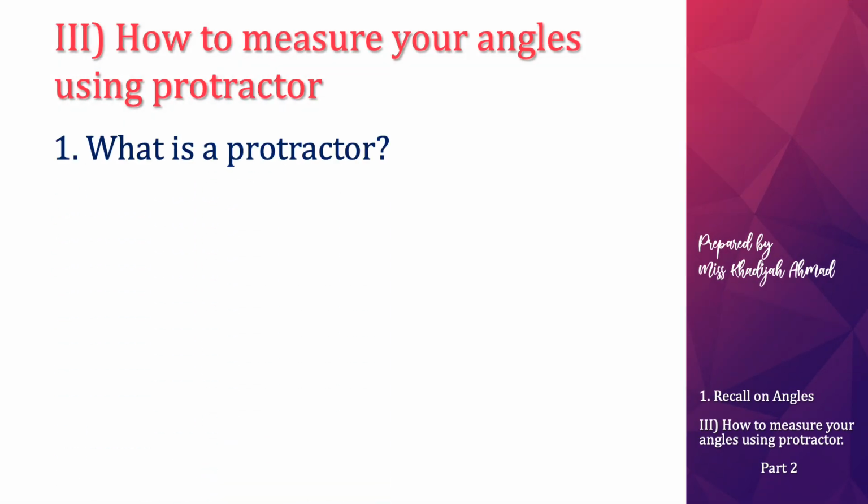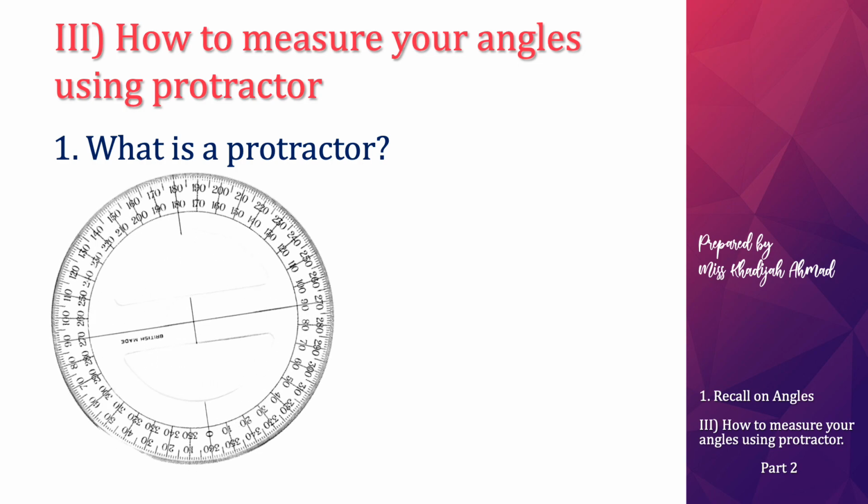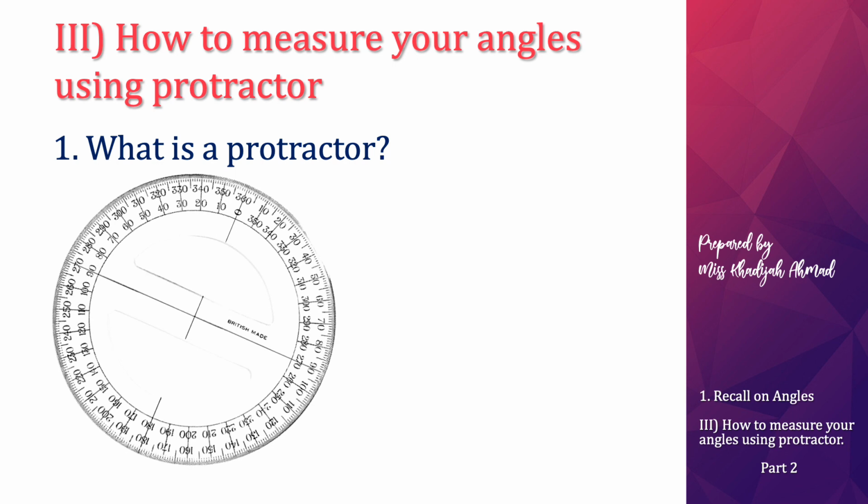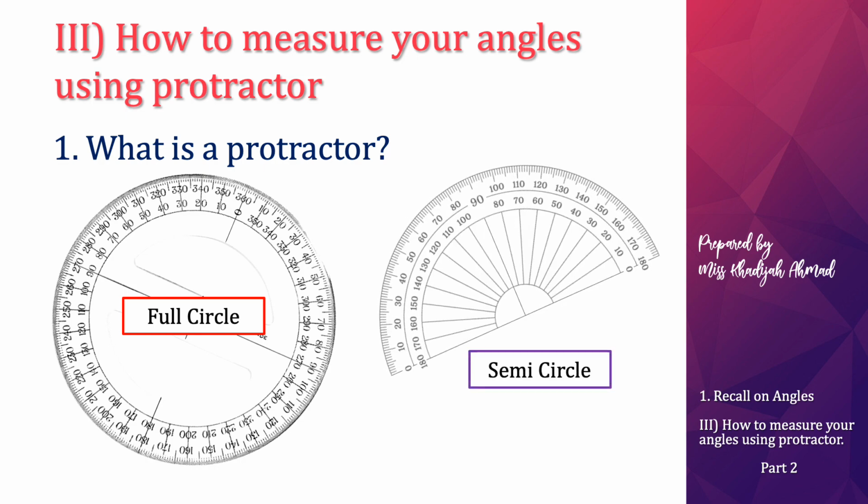A protractor is a measuring instrument typically made of transparent plastic or glass for measuring angles. Most protractors measure angle in degree. Here in the diagram we have two kinds of protractor, a complete circle and a half circle.